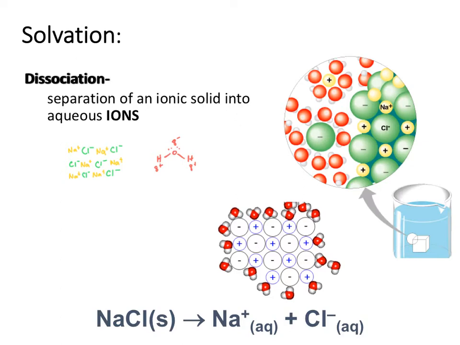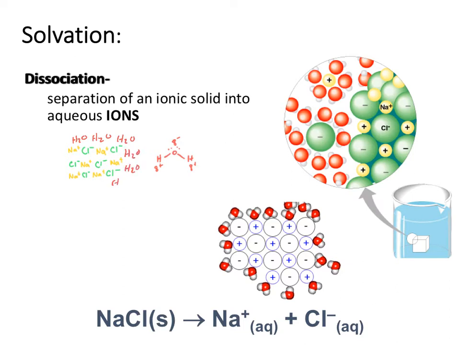So obviously the partially negatively charged region of the water molecule is going to want to interact with the positively charged ion. And of course, the positively charged region of the water is going to want to interact with the negative region of the solute. So what's going to happen here is we're going to have our solute get surrounded by our water molecules, which are our solvents.